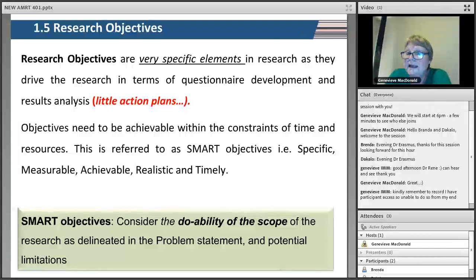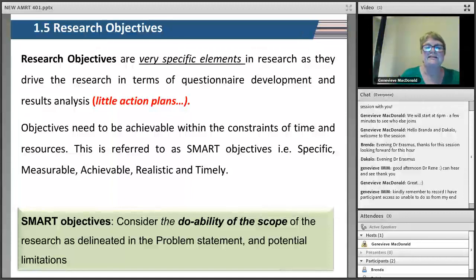So, do I have access to the people that I want to interview or to survey? Will I have enough time to do that? Because in your AMRT401, you only have 2 to 3 weeks per chapter, and there's 5 chapters, so the pressure gets quite a bit. So is it achievable?